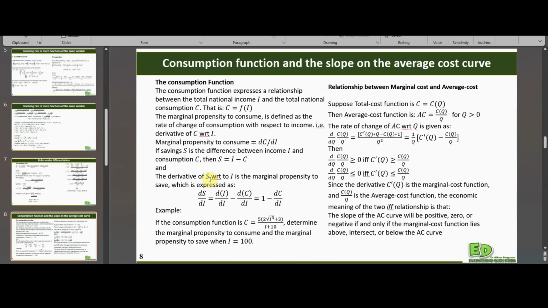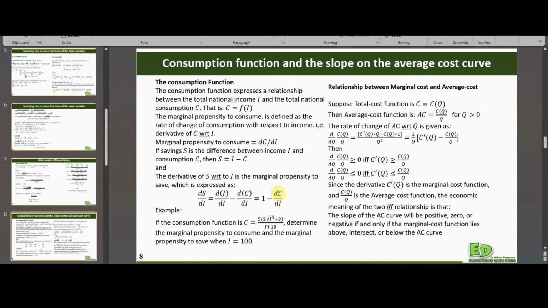The derivative of S, which is your savings, with respect to the income is the marginal propensity to save, which is expressed as dS over dI, right? So the MPS, or the marginal propensity to save, is dS over dI, a change in your savings with respect to your income. Or we would say it is 1 minus your marginal propensity to consume.